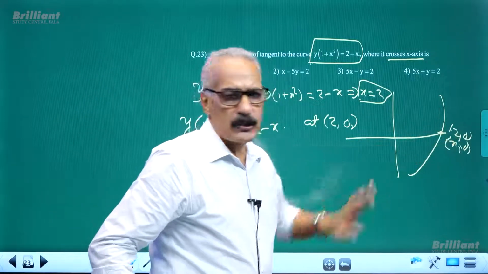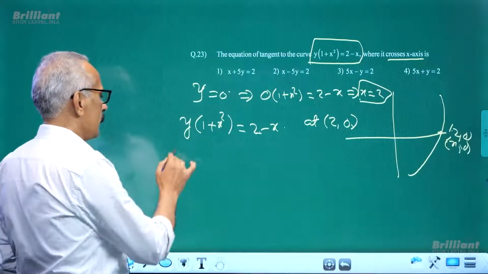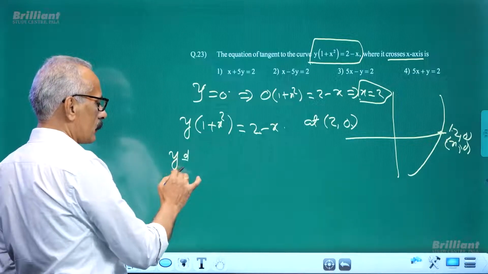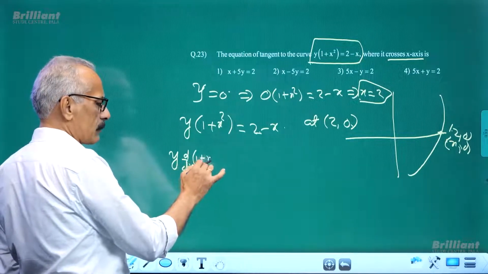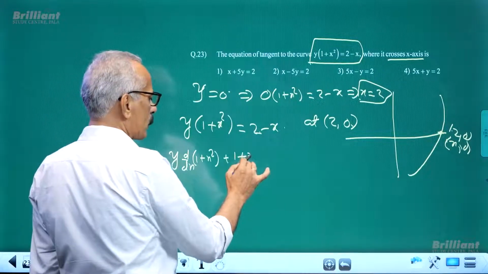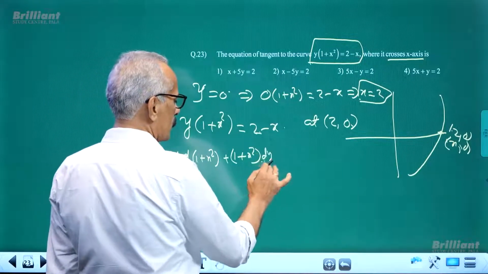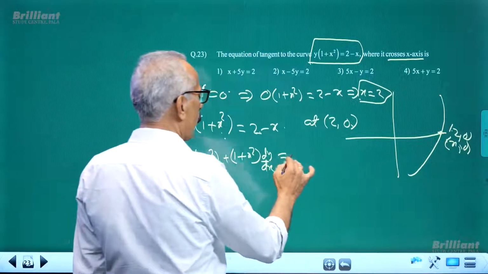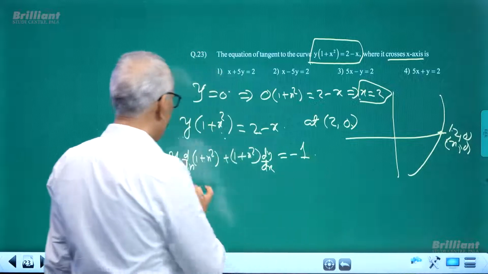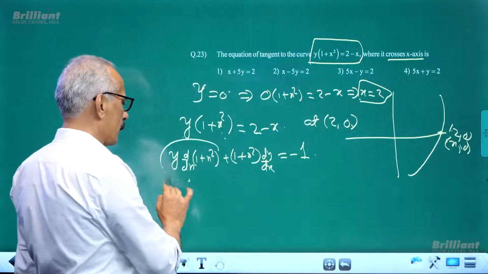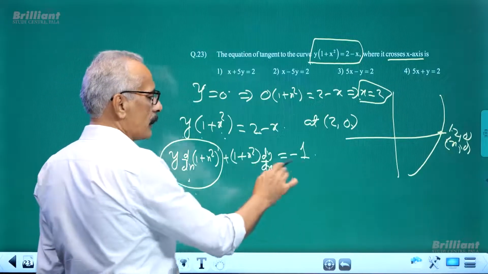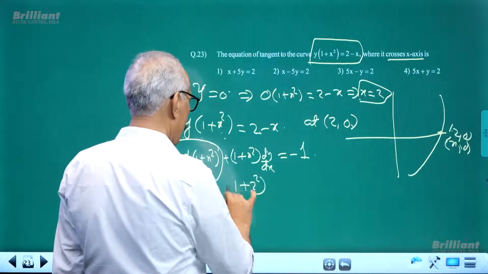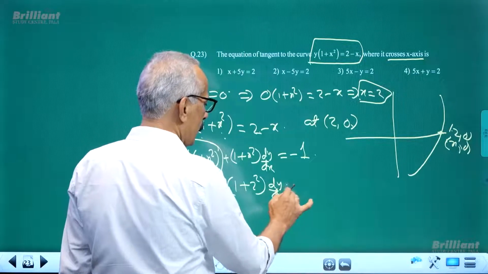Your y coordinate is 0. Therefore, when I differentiate, the y into derivative of 1 plus x square part is no need at all. First into derivative of the second plus second into derivative of the first: 1 plus x square into dy by dx, equal to minus 1. Y is 0, so that part is 0. Substituting x, that is 1 plus 2 square into dy by dx equal to minus 1.